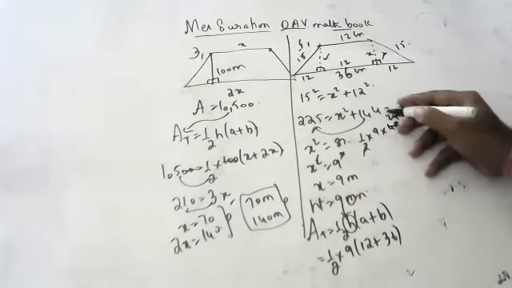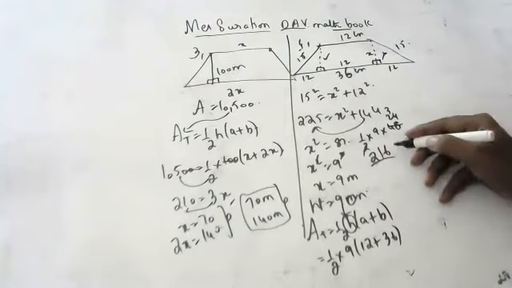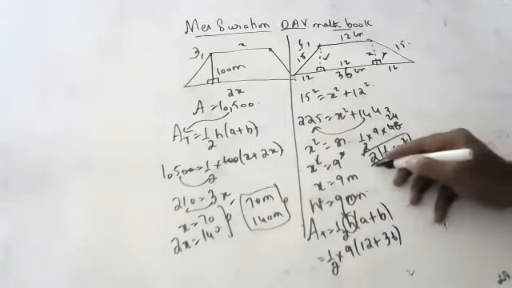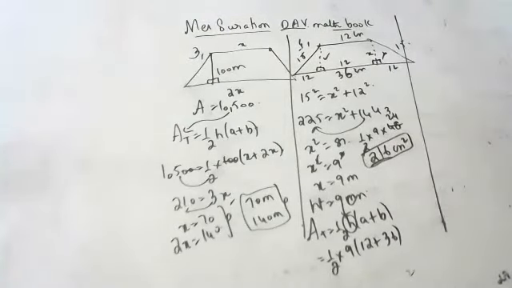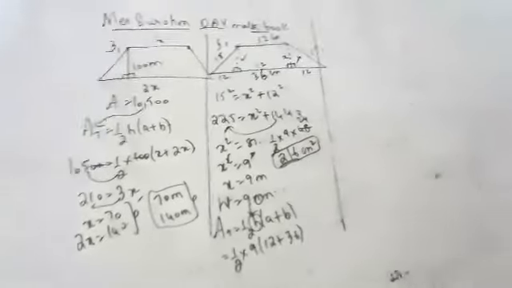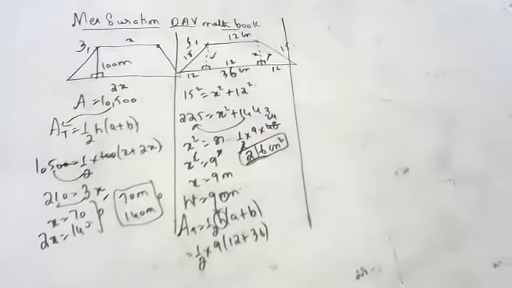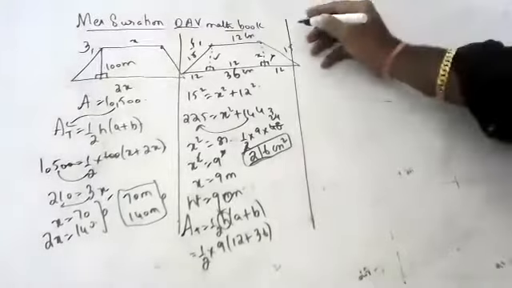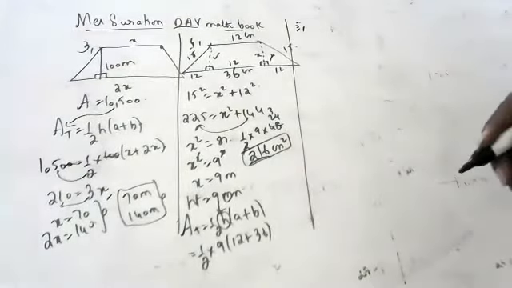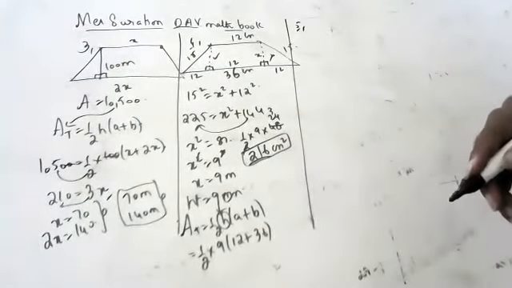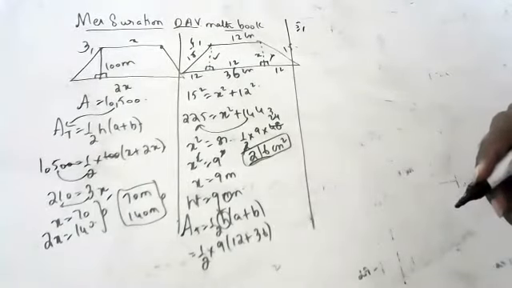Half into 9 into 48, half of 48 is 24, so 9 into 24 is equal to 216 centimeters square. 216 centimeters square is the area of the trapezium.